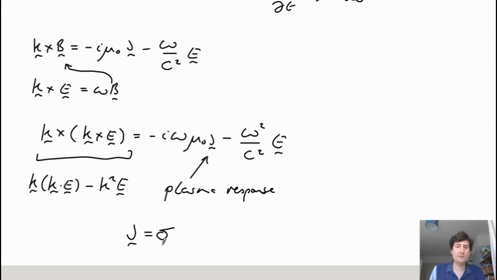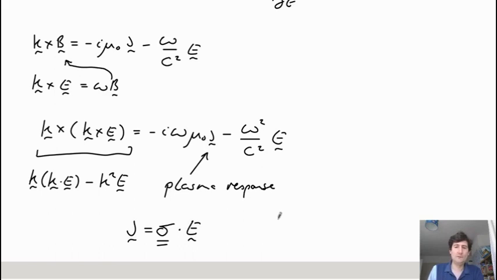So we just write that the current vector is a tensor dotted with the electric field. And so this could be any large matrix, essentially a 3 by 3 matrix relating the electric field in each direction, x, y, and z, to the current in x, y, and z. And so sigma here is a conductivity tensor.